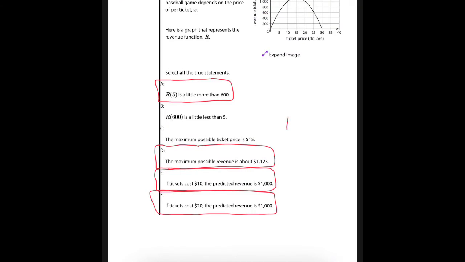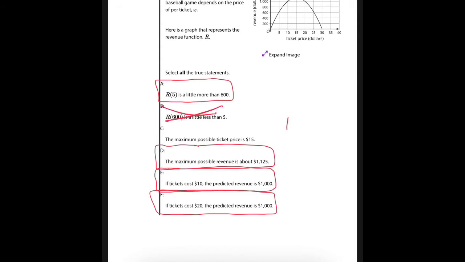Here's number 3. The revenue from a youth league baseball game depends on the price per ticket, x. Here's a graph that represents the revenue function. Select all the true statements. Here it would be A, D, E, and F. For B, we do not put the revenue in the R, we only put the ticket price, so B does not work.